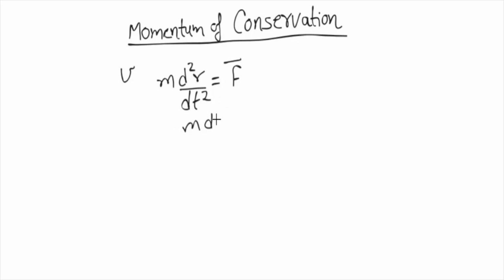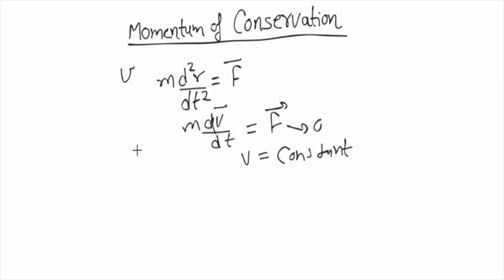It can also be written as m dv upon dt is equal to the force vector. If the force is 0, the velocity is constant, because then dv upon dt is equal to 0. It means velocity is equal to constant. So now let's talk about Newton's third law.